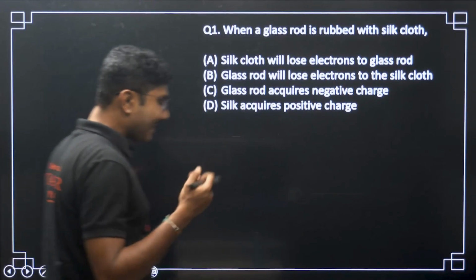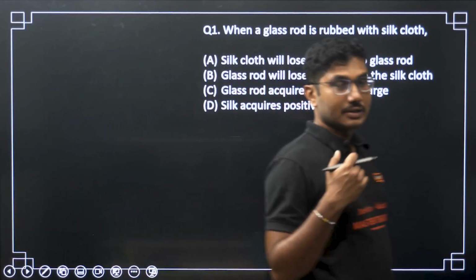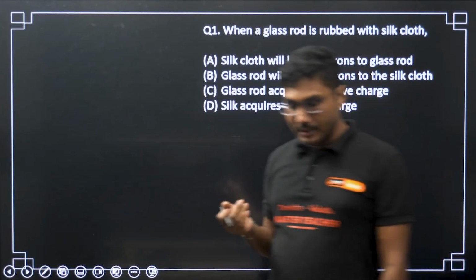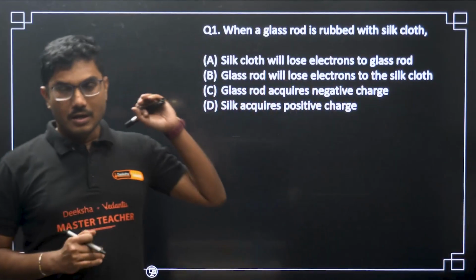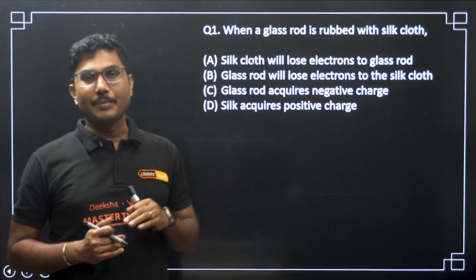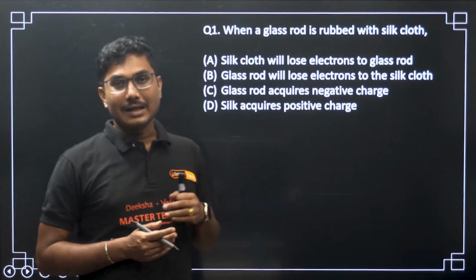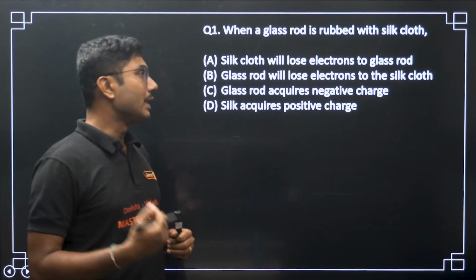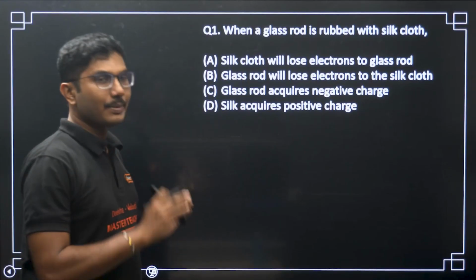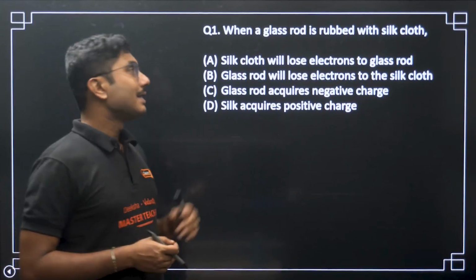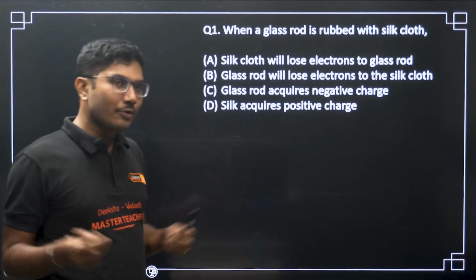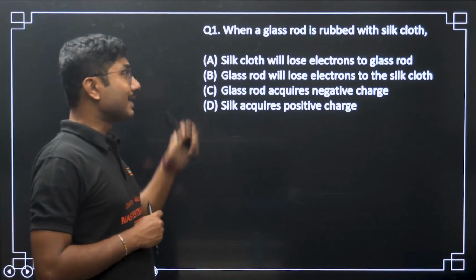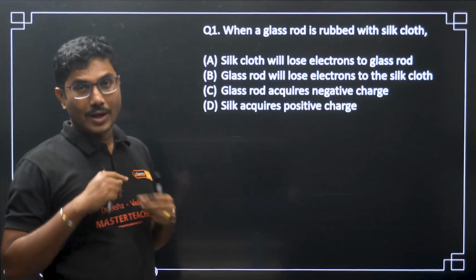If you see the electron affinity table, glass appears first, silk appears later on. That means glass will lose electrons and silk will gain electrons. Simple as that. But if you don't know that, then how can you answer? You don't know the electron affinity table. So let us understand the points one by one.